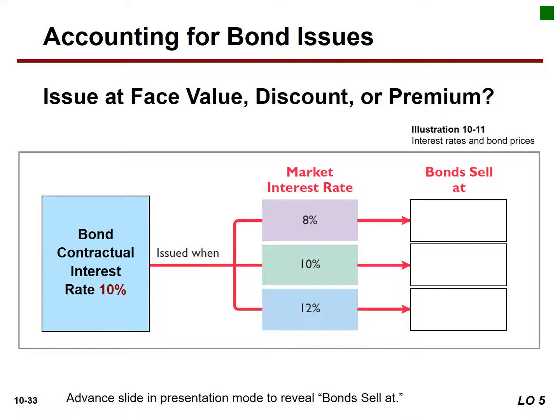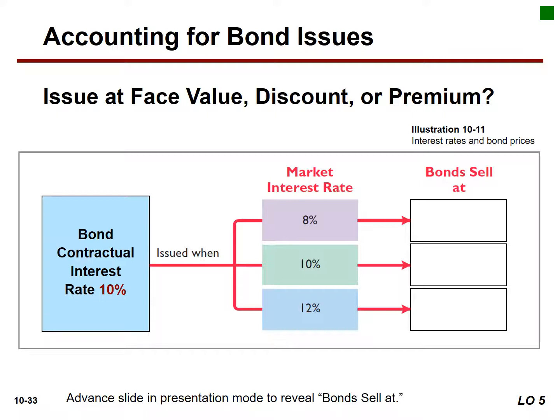So we make the decision on what our interest rate is going to be, and there's going to be a little time lag. So the bonds get issued at a later time than when the contractual interest rate is determined. What happens in the market between those two times is going to determine whether the bonds are sold at a premium, a discount, or at face value.